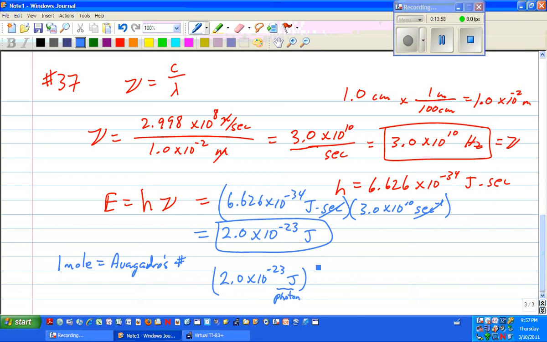Each photon has that much energy, so we multiply by 6.02 times 10 to the 23rd photons, 1 mole of photons.